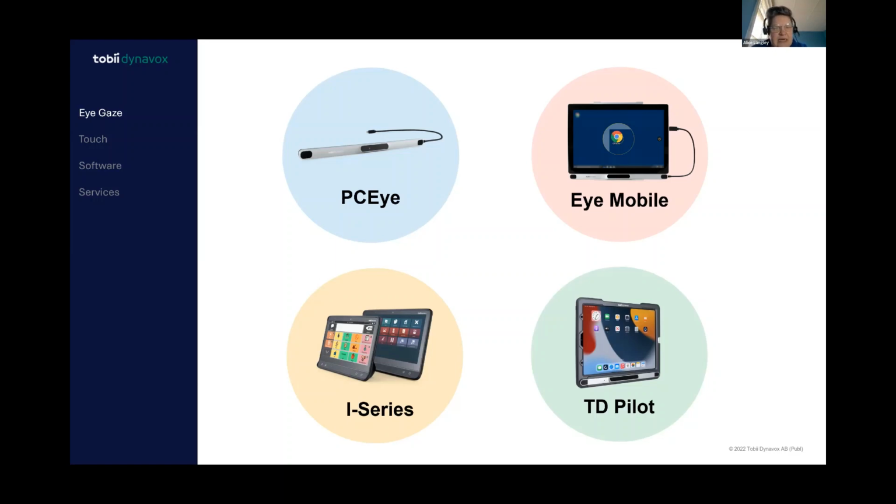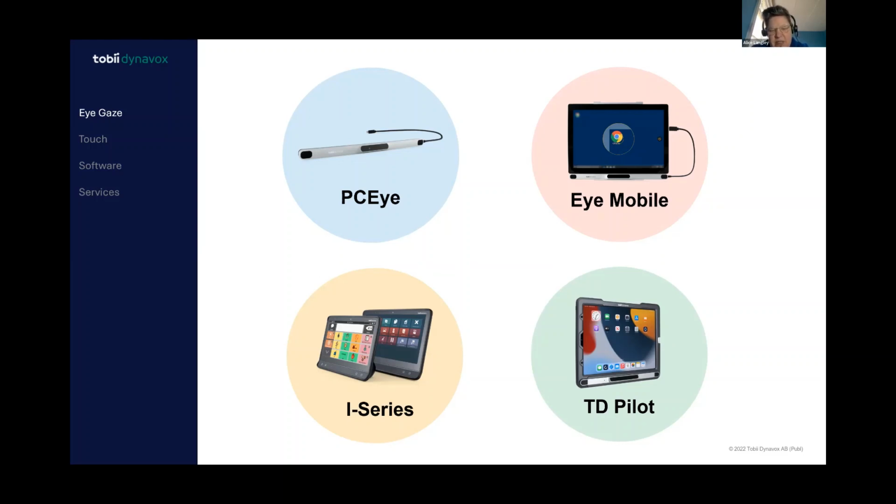We've got the PCI, which is a peripheral eye tracker that can be plugged into a laptop or a tablet. The iMobile is a solution around that. So we provide a Surface Pro and a bracket, and this is an eye gaze based device.